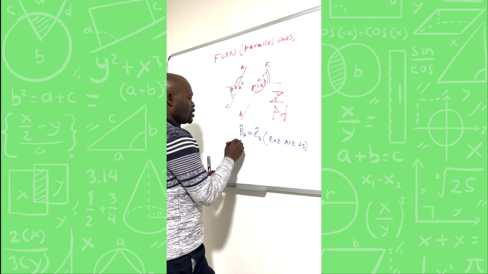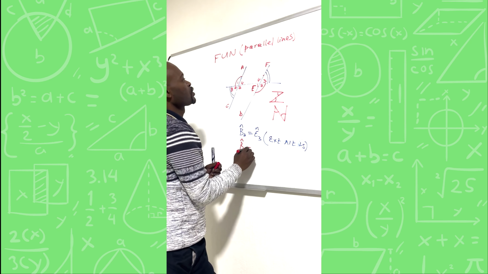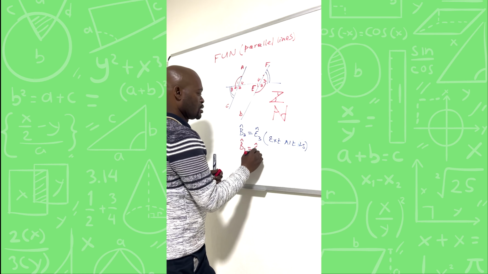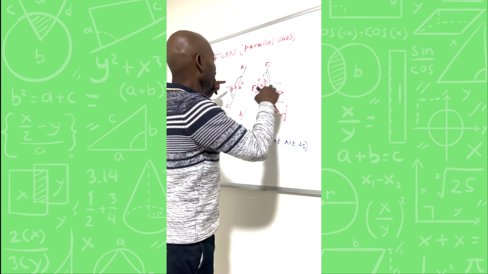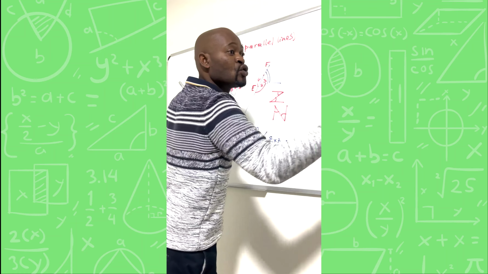Therefore, angle B1 is equal to angle E2, because these two angles are equal, exterior to the Z.